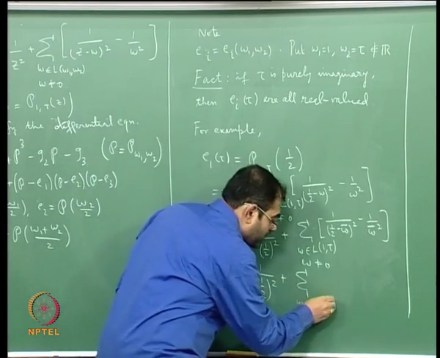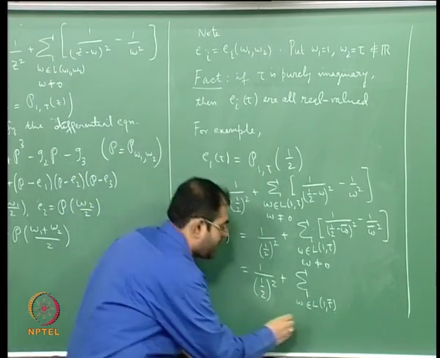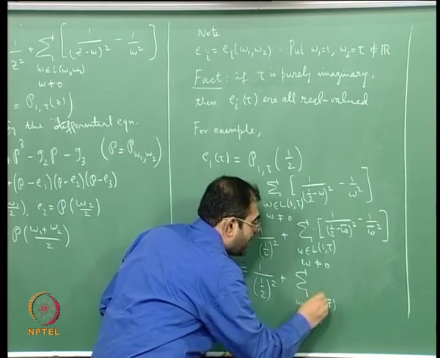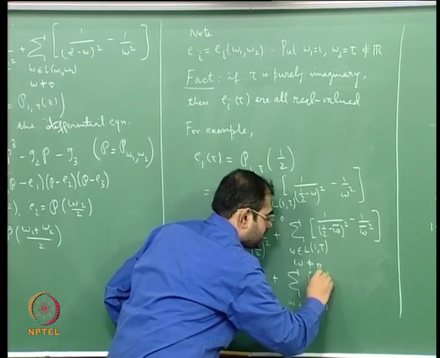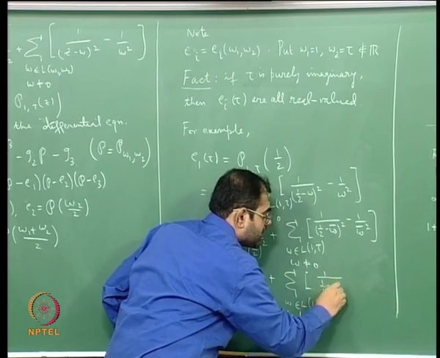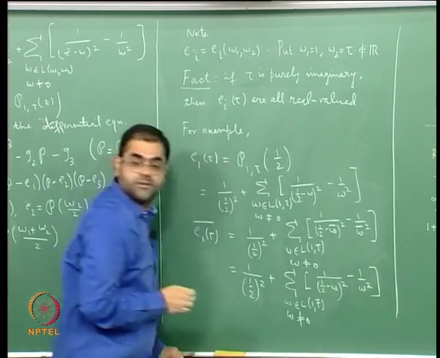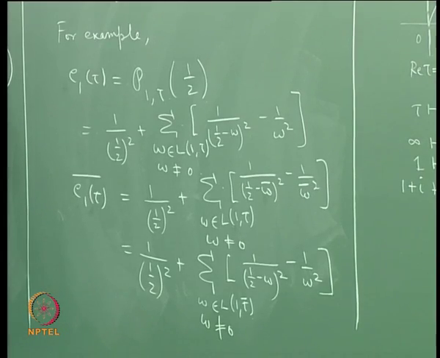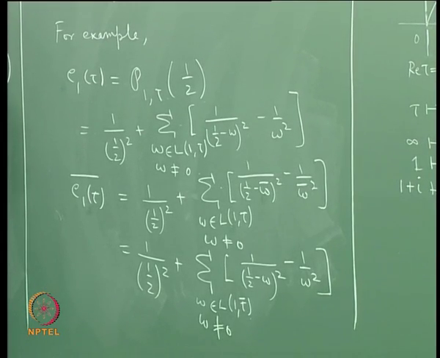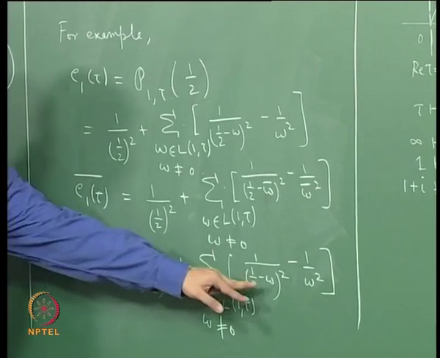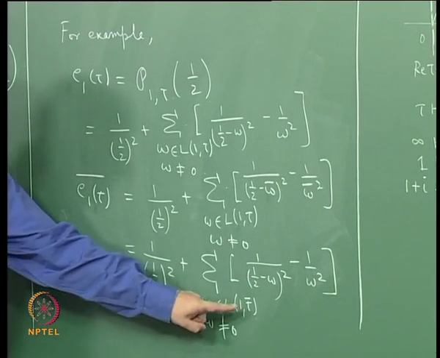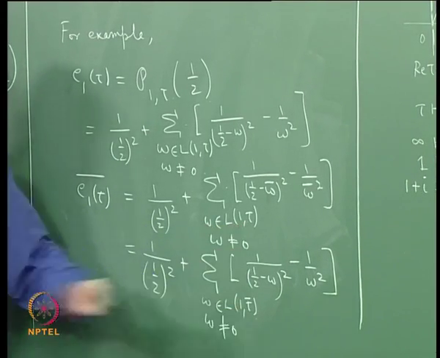So I will have to put tau bar, and omega not equal to 0, and I can write the same old expression: half minus omega the whole squared minus 1 by omega squared. I can do this because I have replaced omega by omega bar, and to compensate for that I will have to replace tau by tau bar.